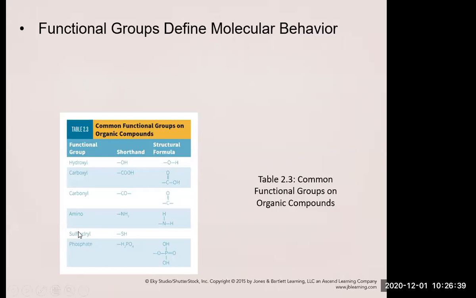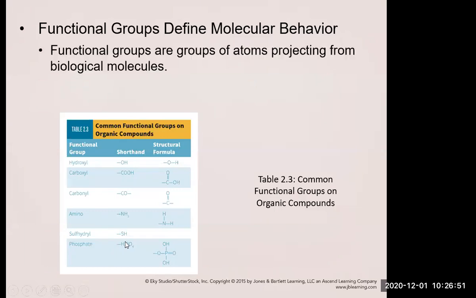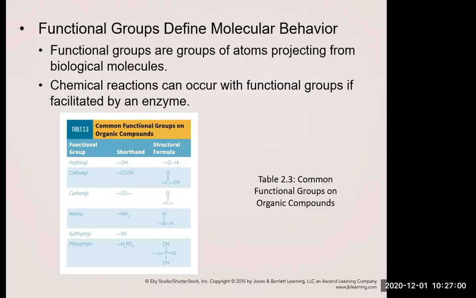So we will see hydroxyl groups. We will see amino groups. Amino groups are a part of an amino acid, as well as other molecules. And we're also going to see phosphate groups. But I doubt we'll talk about carbonyl or sulfhydryl in this course. And so here we're mentioning an enzyme.